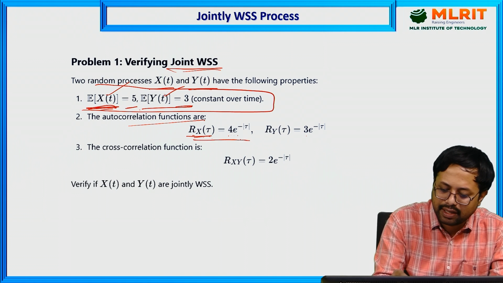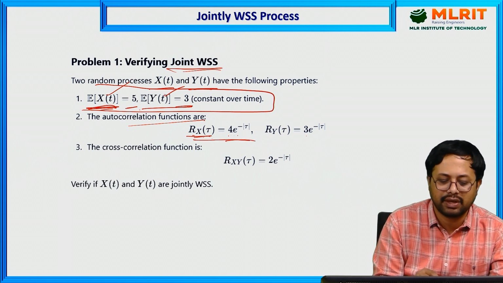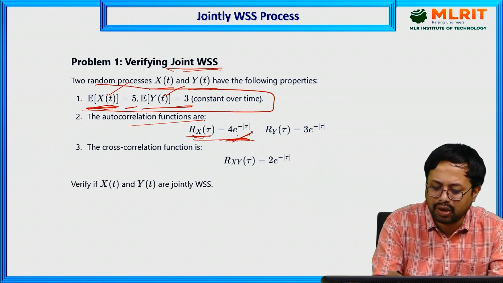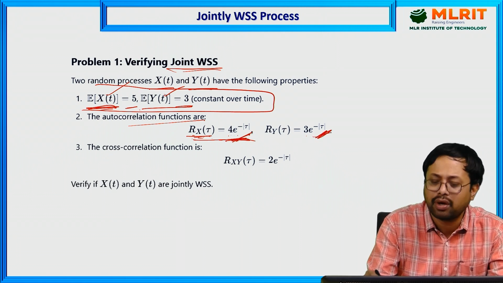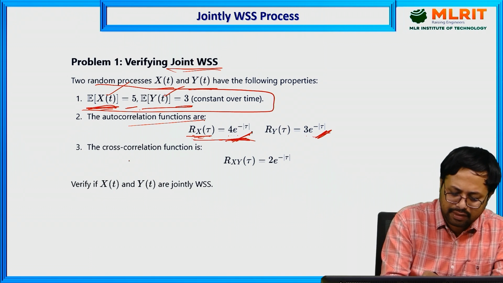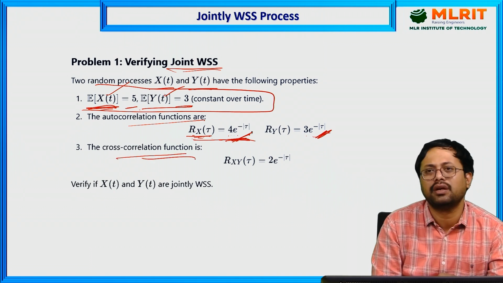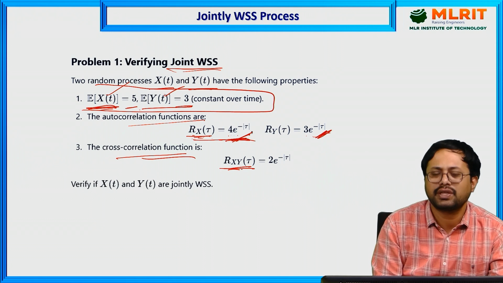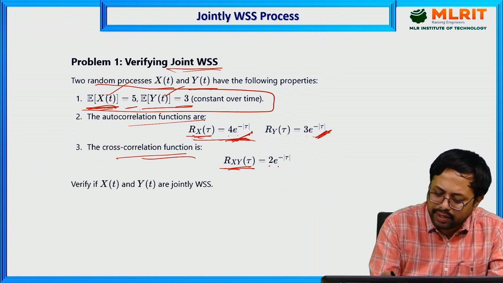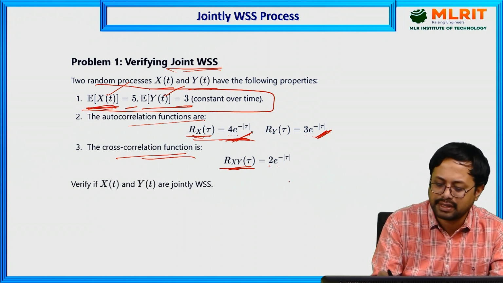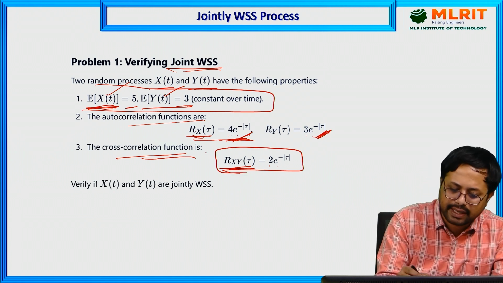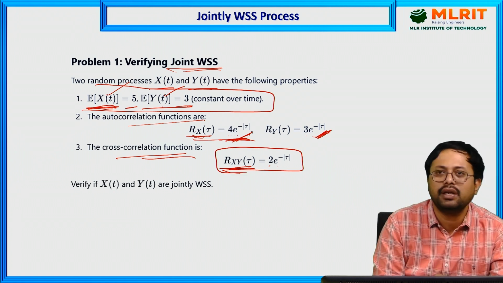Here the autocorrelation is independent of time t and depends upon tau, the time delay. The cross correlation function Rxy of tau is equal to 2 into e to the power of minus mod tau.